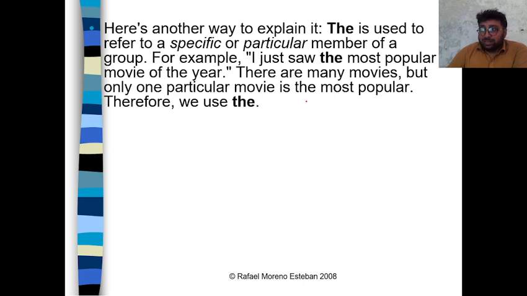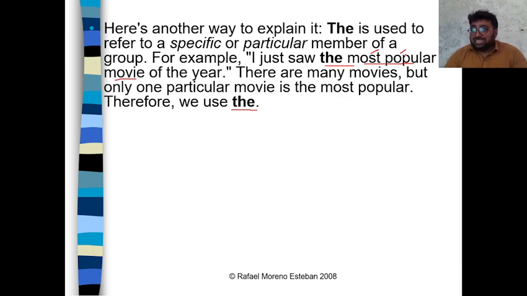Here's another way to explain it. The is used to refer to a specific or particular member of a group. For example, I just saw the most popular movie of the year. There are many movies, but only one particular movie is the most popular. Therefore, we have used the. Now, movie has got two adjectives, most and popular, which are also talking about the movie.